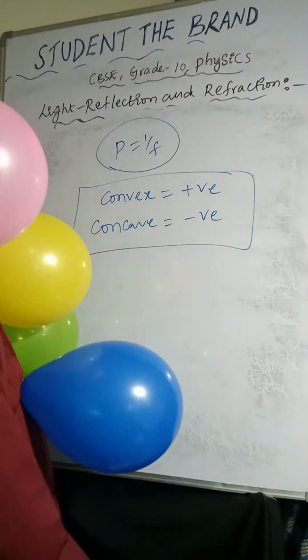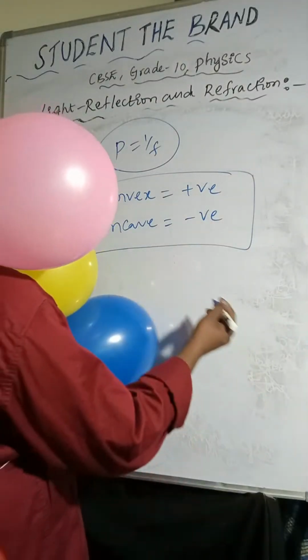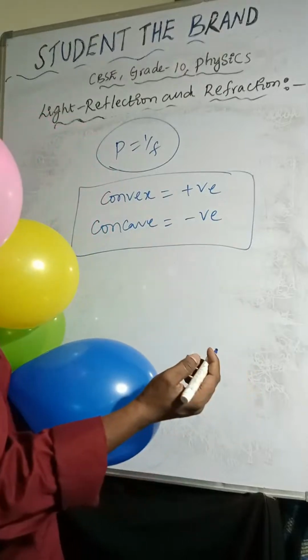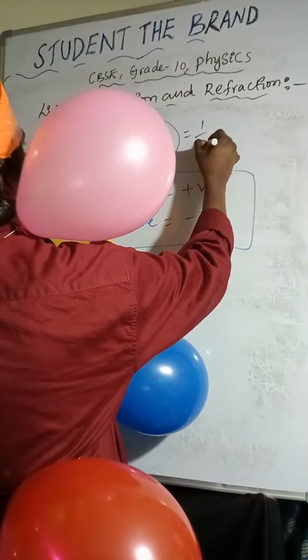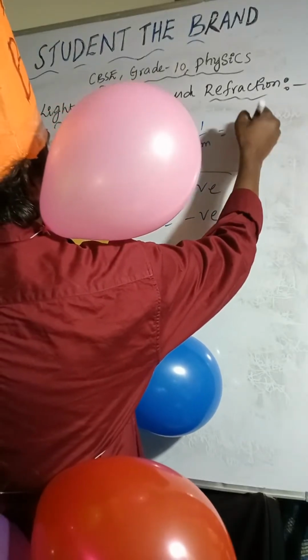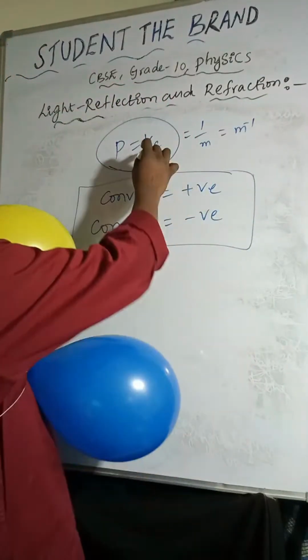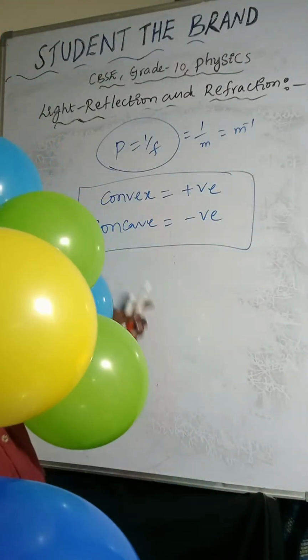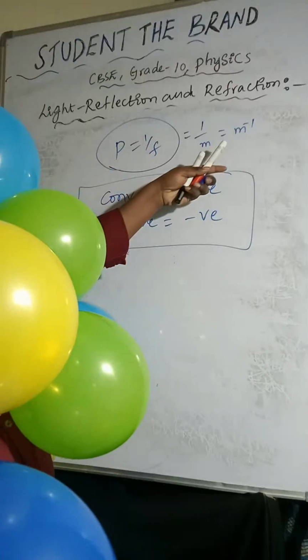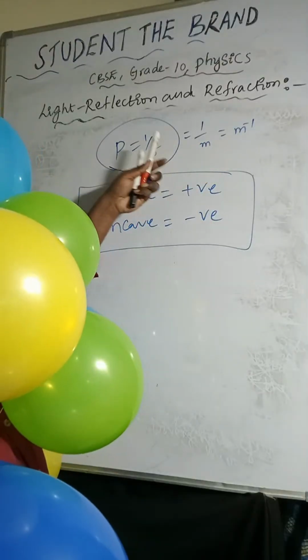The SI unit of power of lens is diopter. Unit is 1 by m, or we can also write meter power minus 1, because focal length is nothing but distance, in meters. So 1 by m equals m power minus 1.